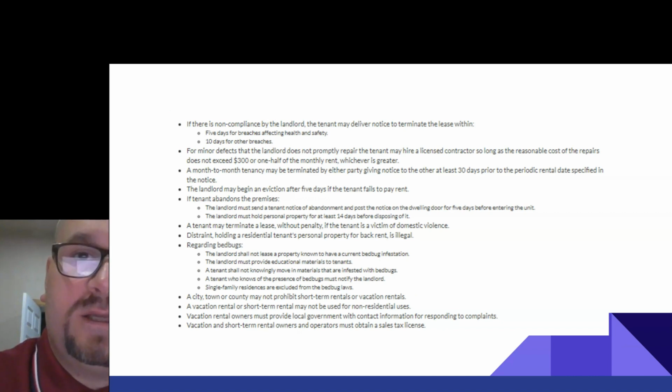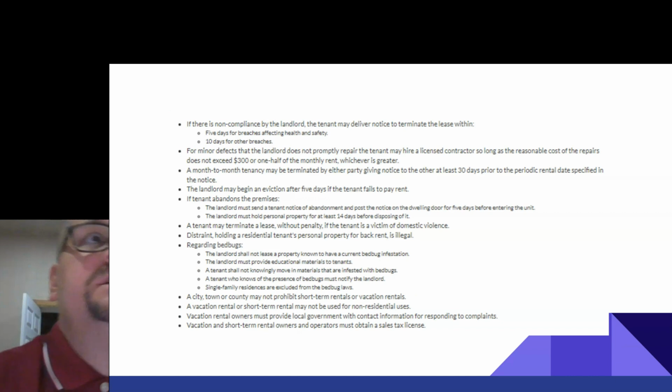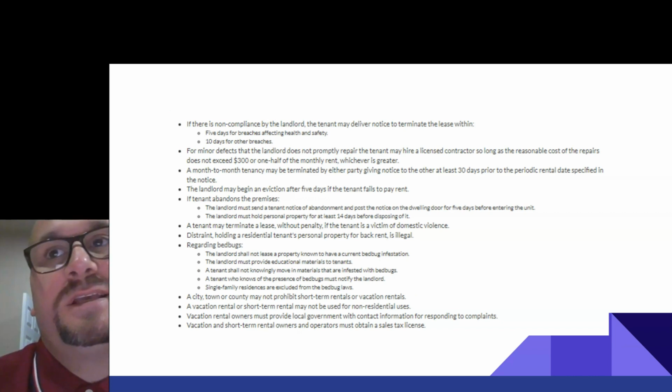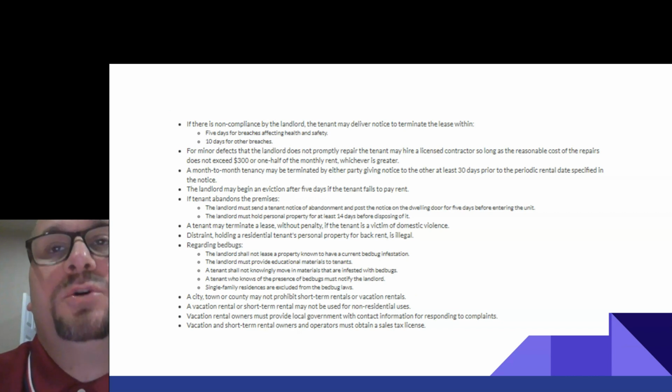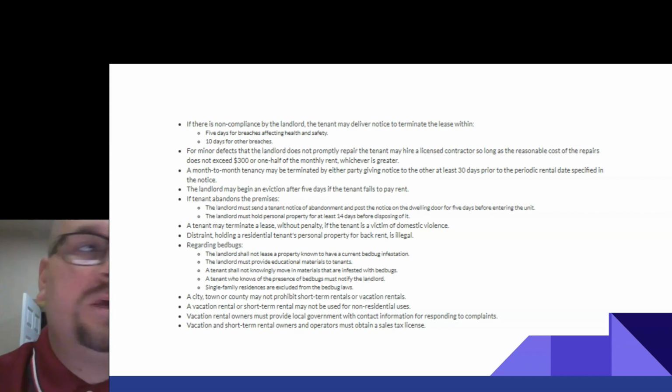But if they don't pay that licensed contractor, can the licensed contractor put a mechanic's lien on the property? No. It has to have come from the actual homeowner. The licensed contractor can only put a mechanic's lien on the leasehold.